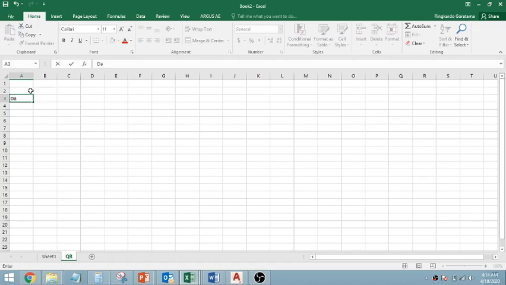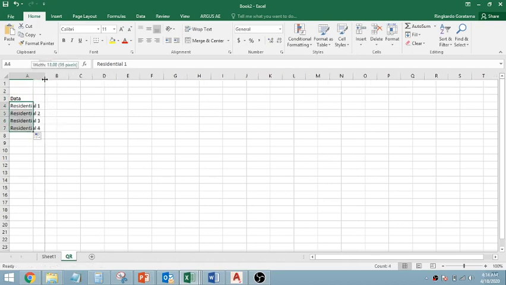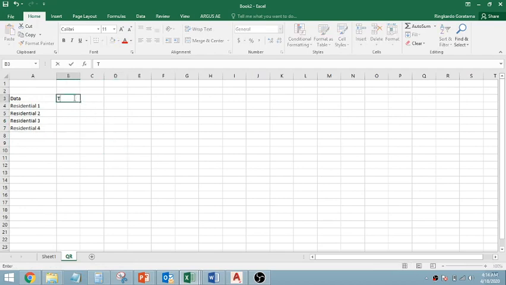For the data, we put residential 1. Let's say we have 4 comparables, and the type of building that they sell is, let's say, 30/60, 36/72, and let's say it's the same, 30/60, 36/72.